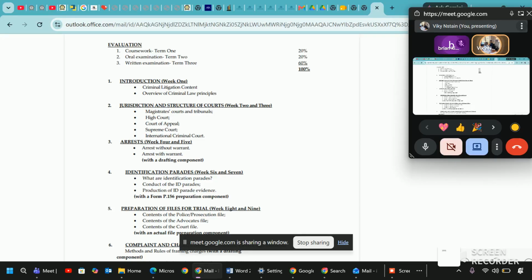In the ex parte, you will be addressing the officer commanding the station, being the OCS, where the investigating officer is the applicant versus the respondent, who is the suspect. You give his details. Then the application will be brought under an ex parte chamber summons, and in particular, the examiner will be interested in the enabling provisions pursuant to section 90, 101, and 102 of the Criminal Procedure Code.